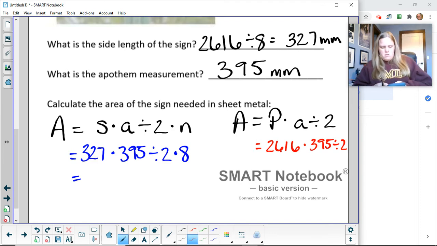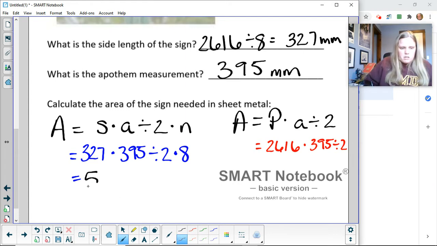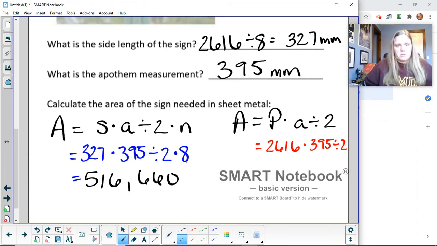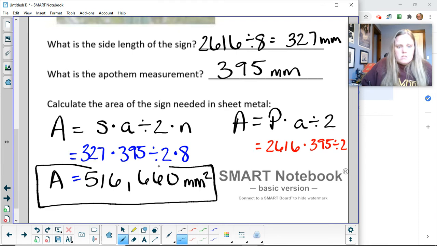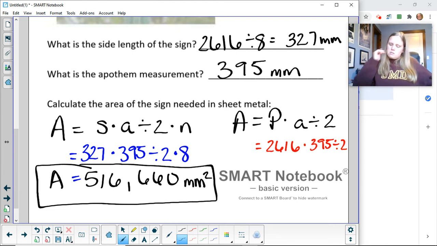Okay. Let me just double check my math here one more time, but I think this is right. Seems like a huge number. 327 times 395 divided by 2 times 8. Yep, that's what I got. All right, this would be millimeters squared because this is an area. All right, so that's how much sheet metal it takes to make a stop sign.